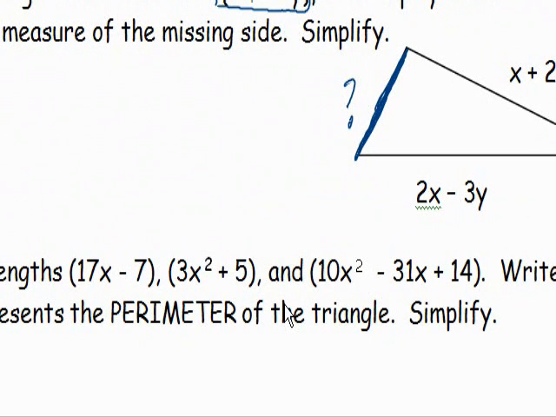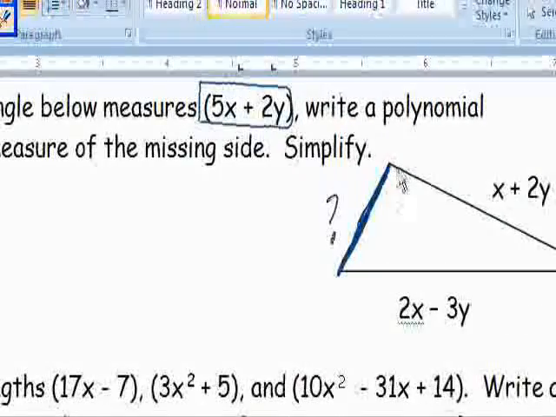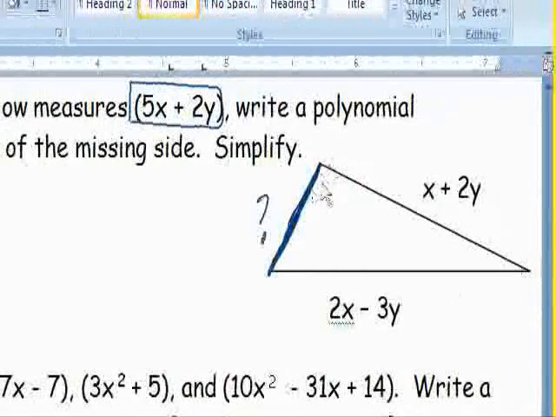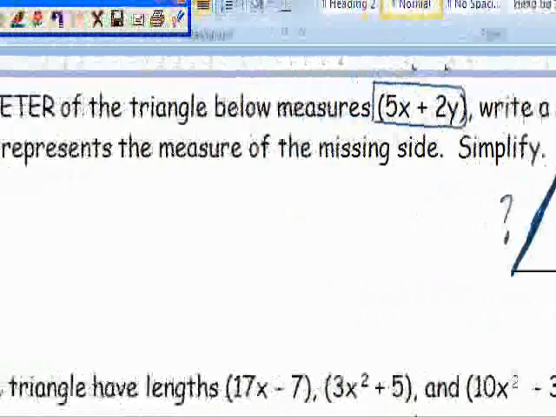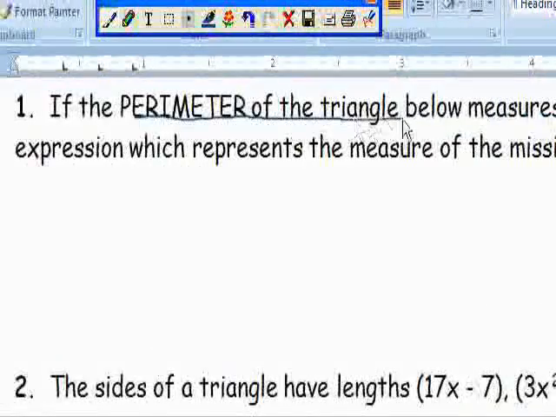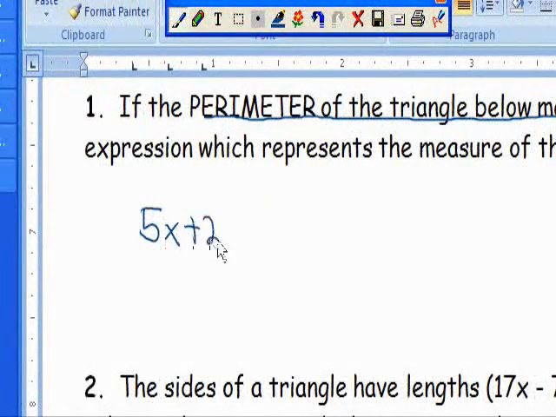Now, I haven't quite figured out how to effectively teach this, so I'm going to stumble through these. But what we can do is we know the perimeter of this triangle. We know the total length of all of the sides. We know the sum of all 3 sides is the perimeter, and it gave that to us. The perimeter of the triangle below measures 5x plus 2y.